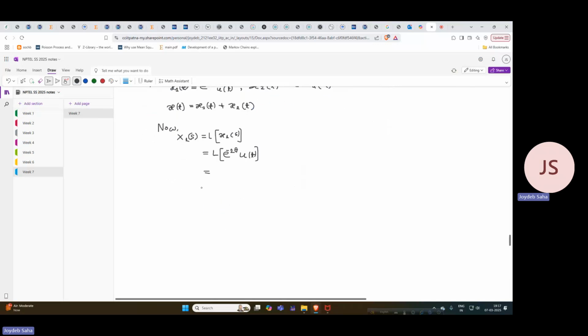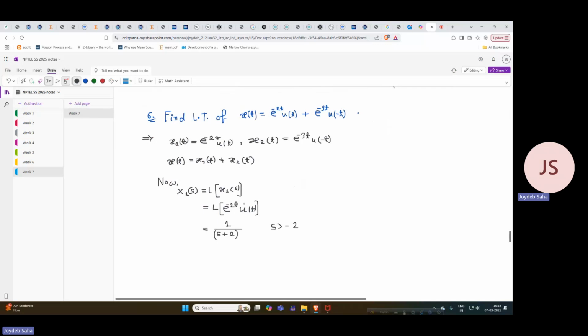What will be the answer? It is simple, 1 upon s plus a, just like the earlier one. 1 upon s plus a is 2, so s plus 2, with the region of convergence s greater than minus 2.